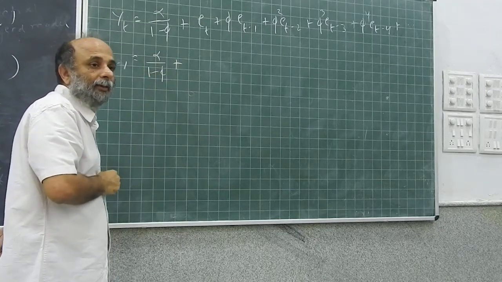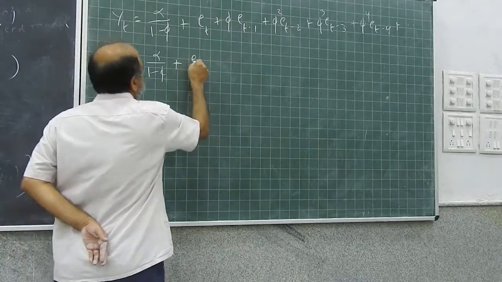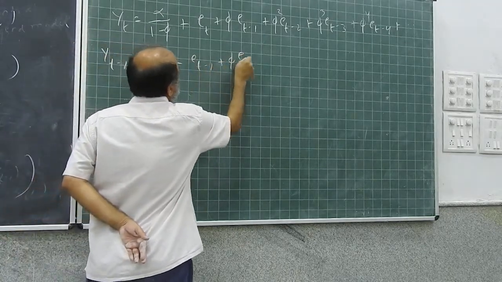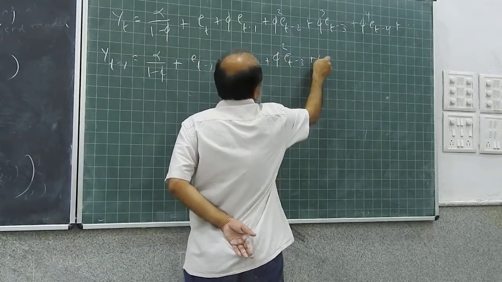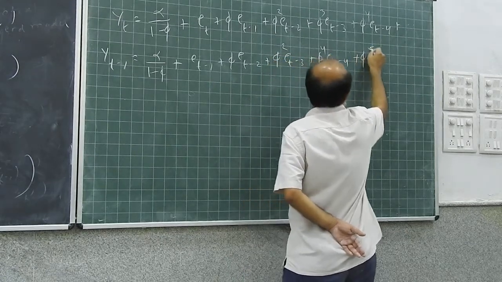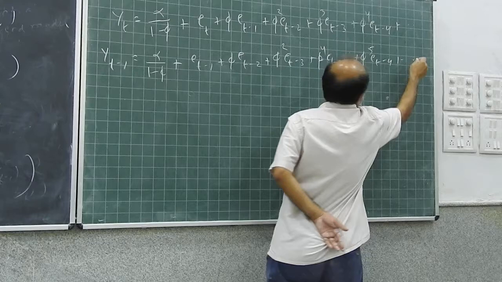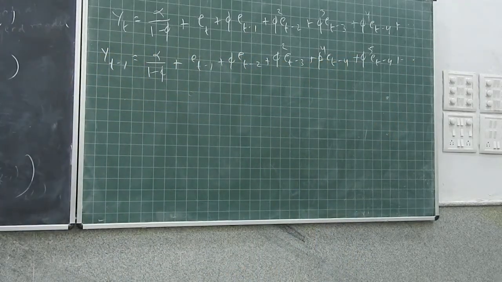What will be e_t? What will become e_t? e_{t-1}, and so on. Right?